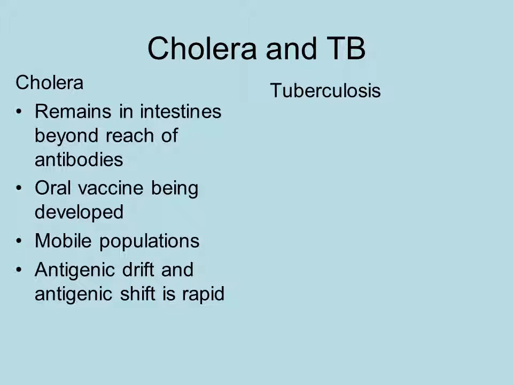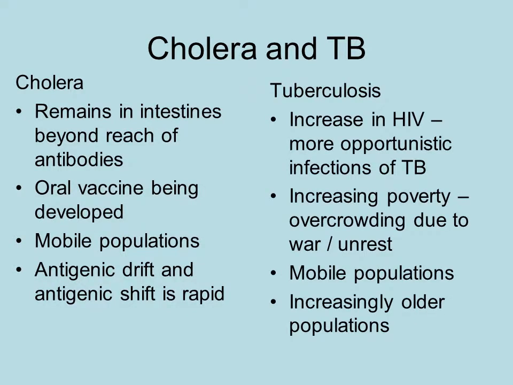Populations that are very mobile tend to be most vulnerable to cholera, particularly refugees, and that also makes it much more difficult to control because people are not stable, so it's hard to know where to vaccinate. We also have something called antigenic drift, and this is really where the antigens change all the time in cholera, which makes it very difficult to create a stable vaccine which will treat the cholera reliably.